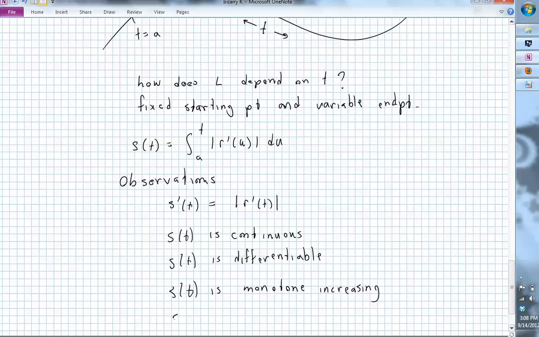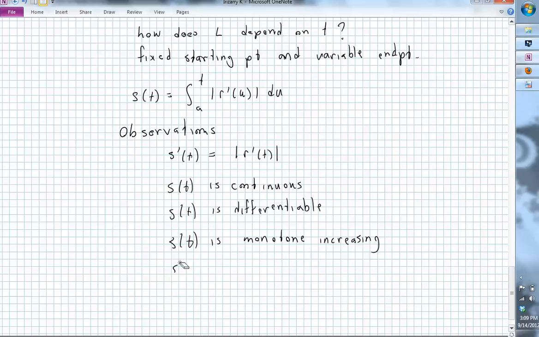S of t is invertible. There's probably other things that I could say about S, but these are the biggies.